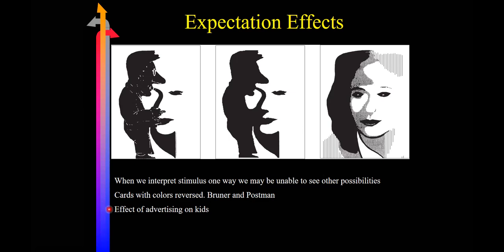So this was illustrated in the effects of advertising on kids. Researchers did an experiment with kindergarten kids. Their moms and dads had given them permission to be in the experiment.